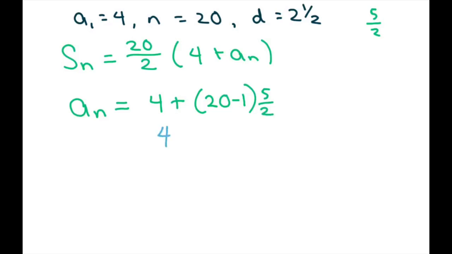So you have 4 plus 19 times 5 halves. And that's going to give you, let's see, 4 plus 19 times 5 divided by 2.